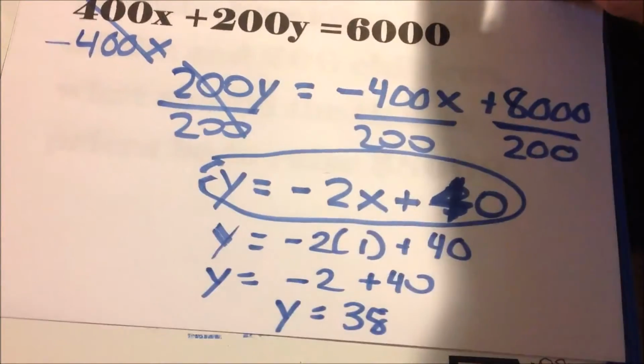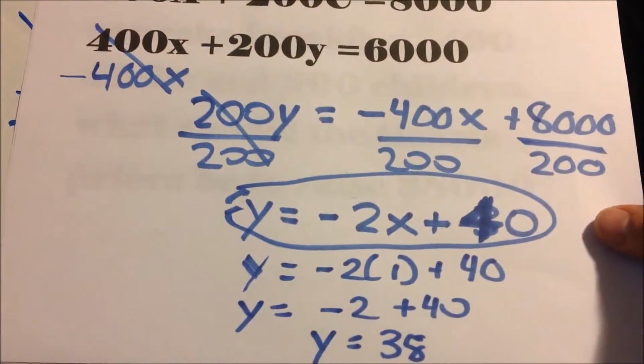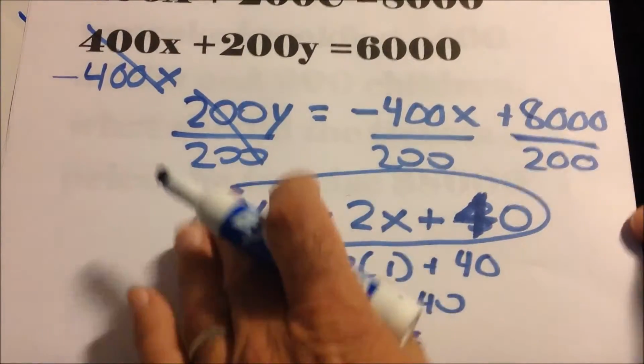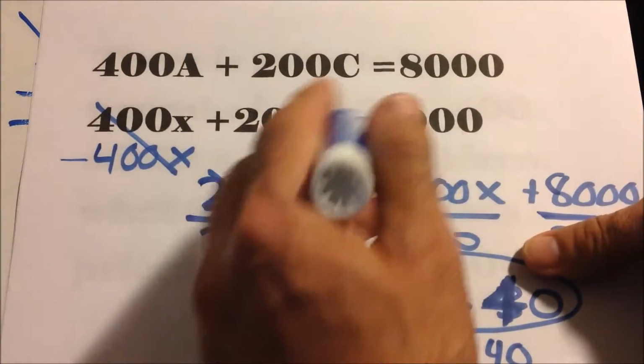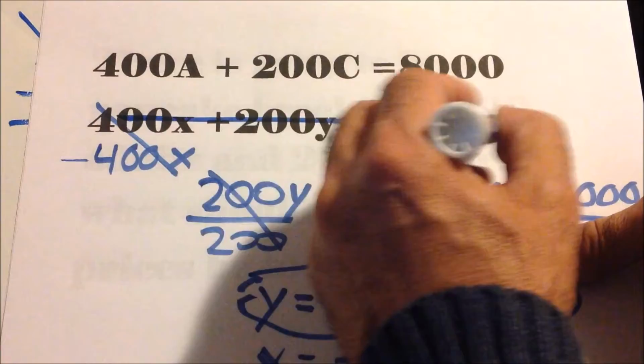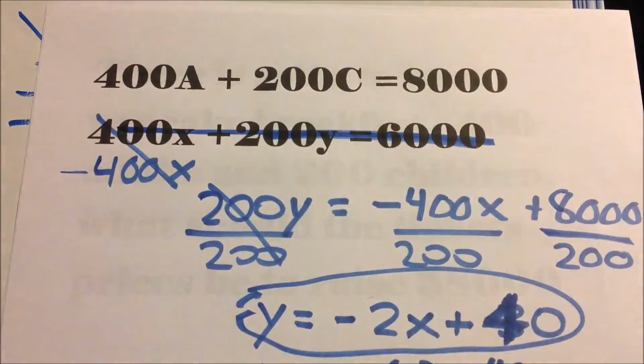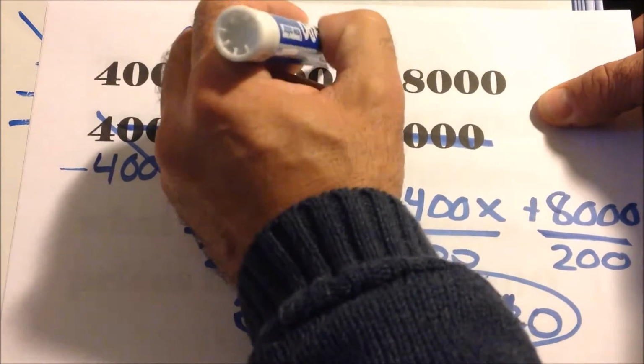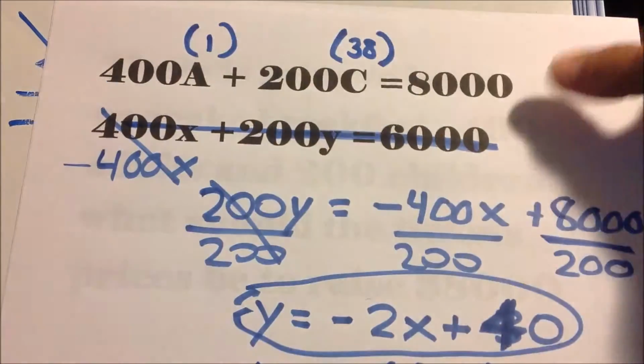And we know that probably should not be the case. Most of the time, children pay less anyway. But if you did that, that would equal out the 8,000. Let's go back here. Remember, we were saying 8,000, not 6,000. So if we plugged in 1, we have to plug in 38 for the children.